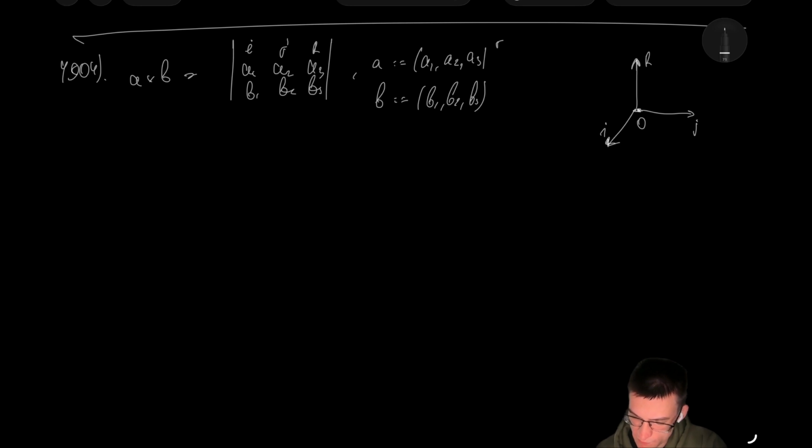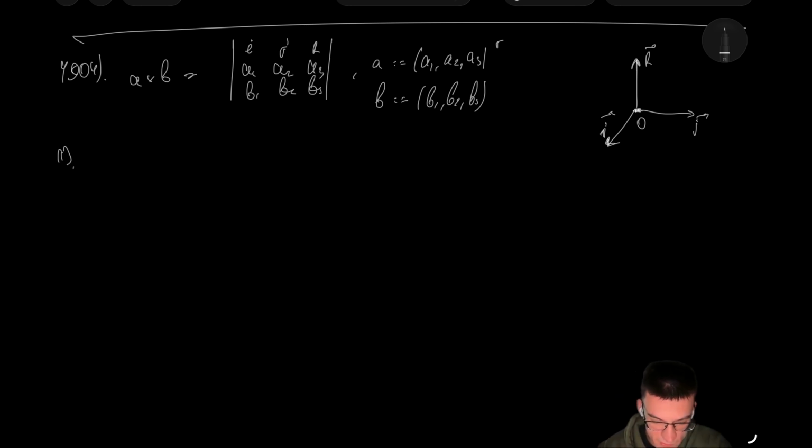Well, I just made a simple picture here, which shows the vectors and their position in space. Let's say this is an orthonormal basis with vectors i, j, and r. This is going to make it simpler to visualize their spatial orientation and find the cross product in space.